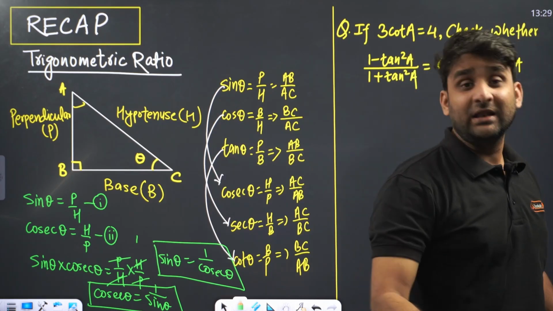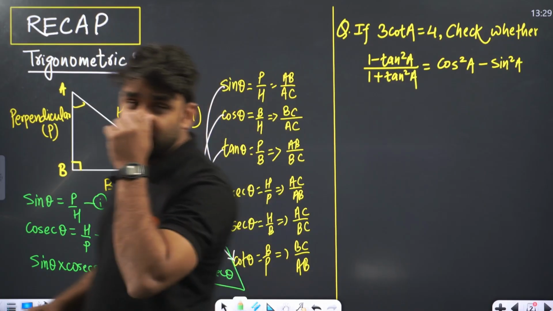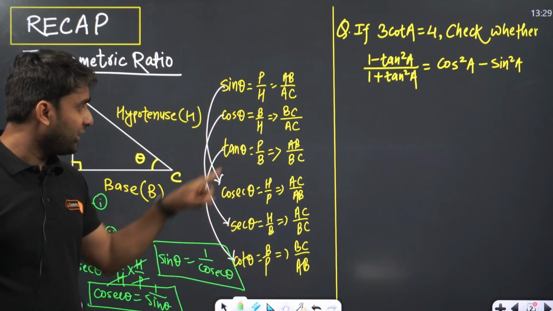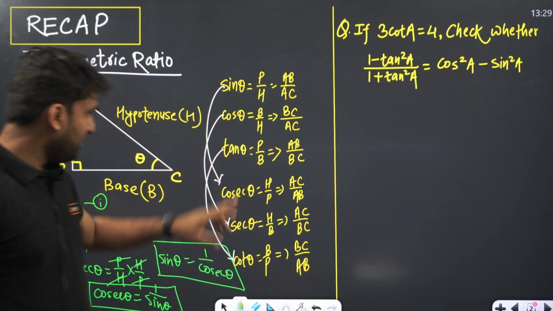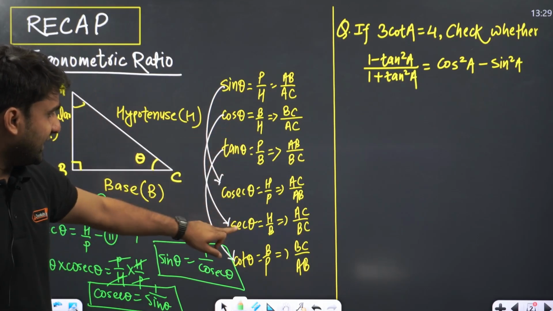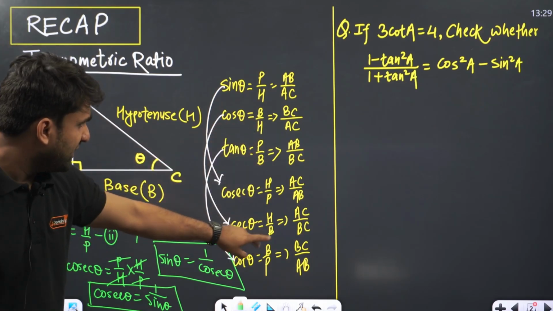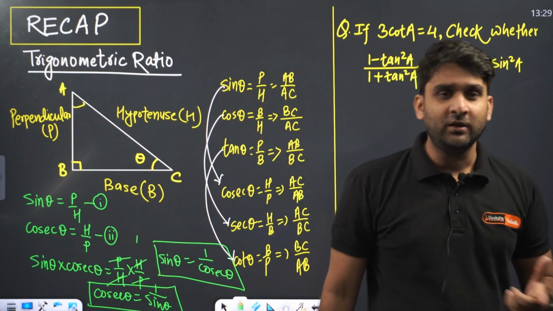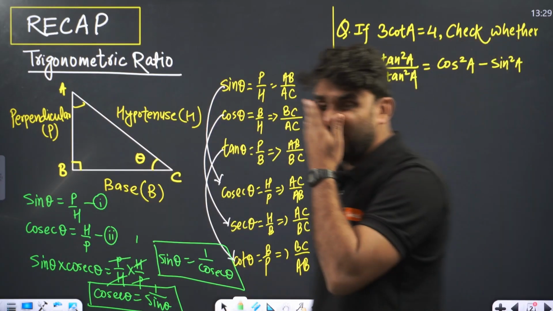Okay, clear everyone? So similarly, cos and sec is the reciprocal, tan and cot is the reciprocal, because if you multiply cos and sec, B by H, H by B, both will be cancelled. So the product of cos and sec is equal to 1, and that's all about this. Clear everyone?